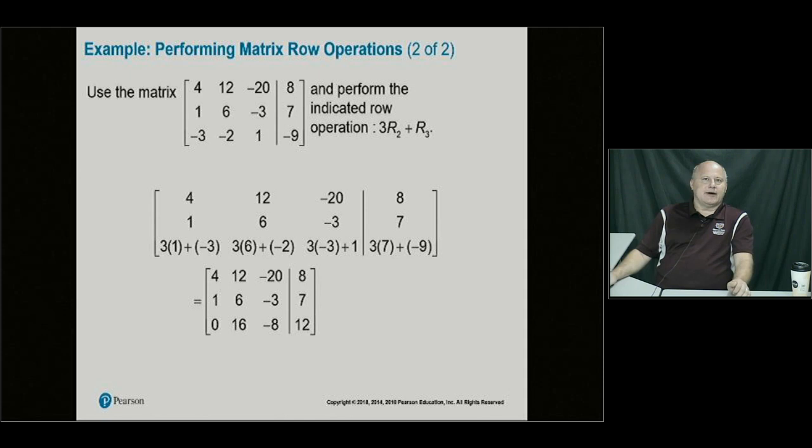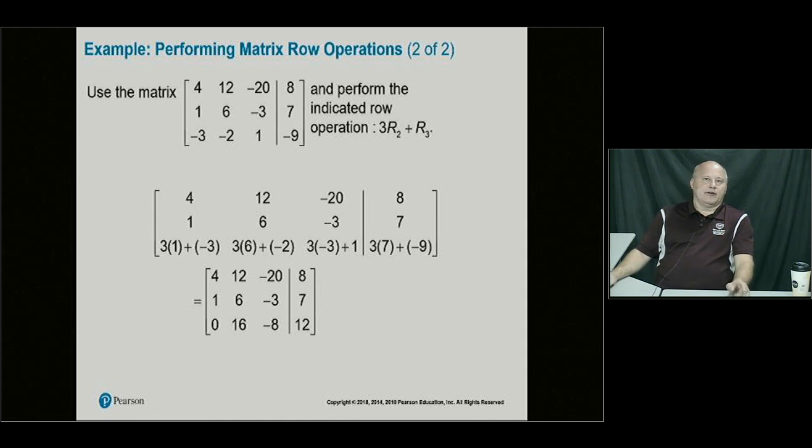Well, let's see what happens. 3 times the first element in the second row is 3 times 1, and then add that to the first element in the third row. So 3 times 1 plus negative 3 is 0. Again, we want zeros in that lower diagonal, so that needs to be a 0. That's why you might want to do that.